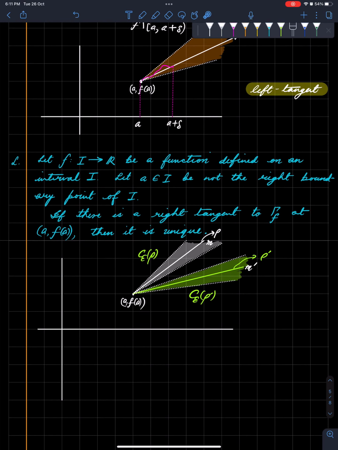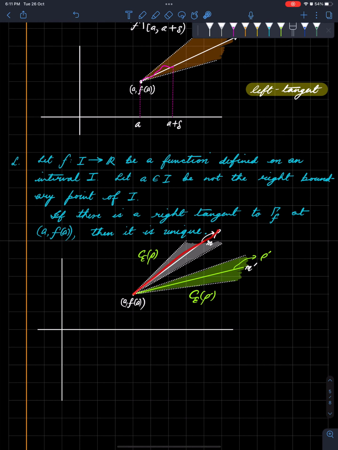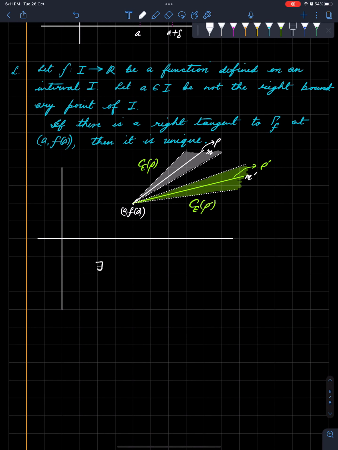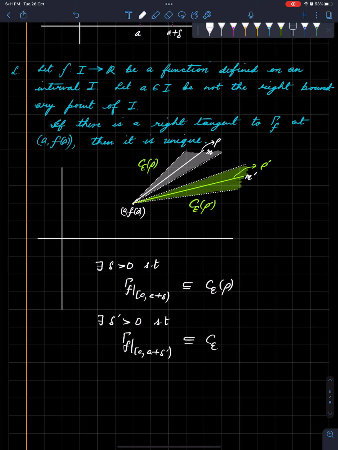So now if these both are indeed right tangents, then there exists delta greater than 0 such that the graph of f restricted to [a, a plus delta) is contained in the epsilon cone about rho, and there exists delta prime greater than 0 such that the graph of f restricted to [a, a plus delta prime) is contained in C epsilon rho prime.